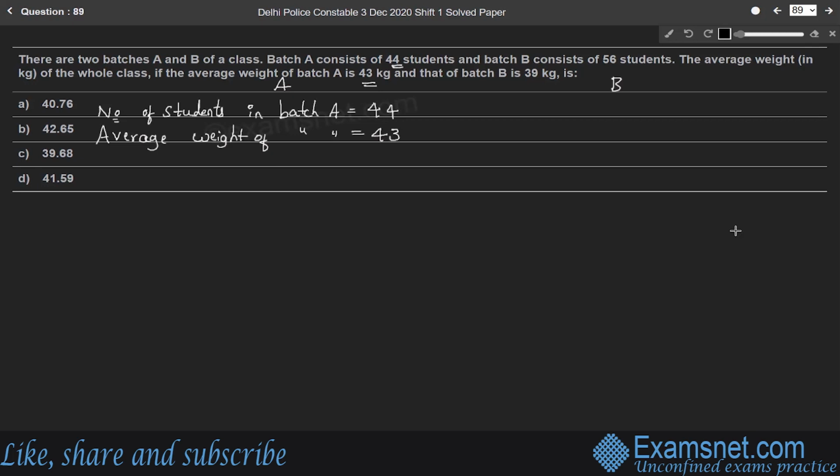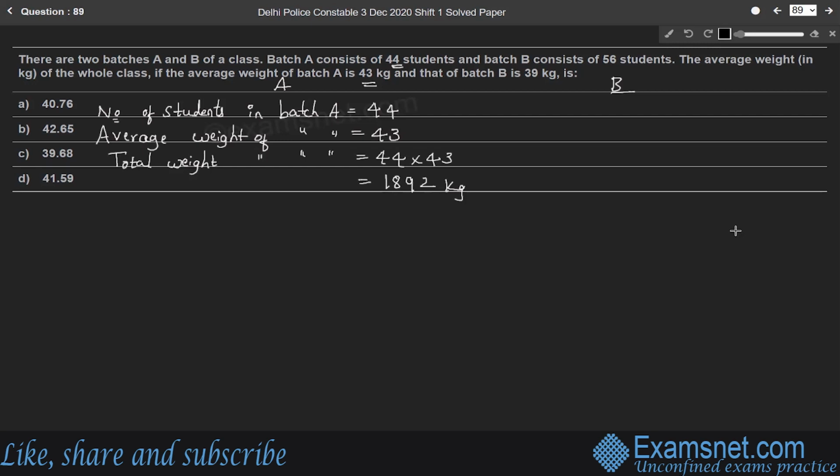So average into number of students gives the total weight of class A. Total weight of batch A is 44 into 43. So what is 44 into 43? 1892 kgs. So total weight of batch A is 1892 kgs.